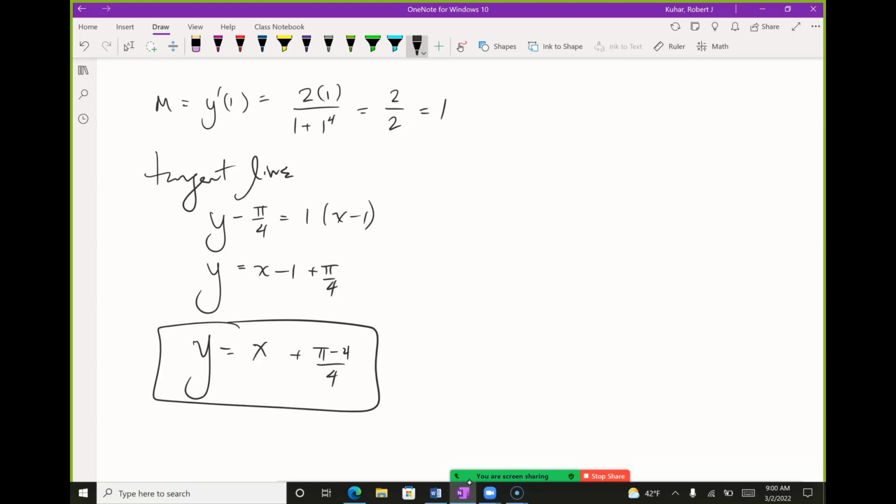I changed the sign, right? It went from minus pi over 4 to pi over 4. And then I did an LCD on the 1. I did a 4 over 4 here.